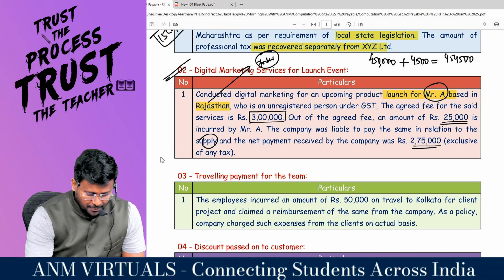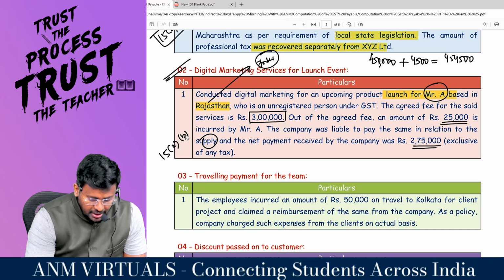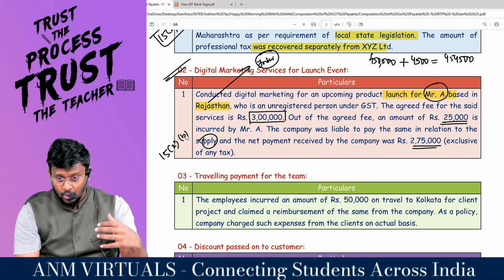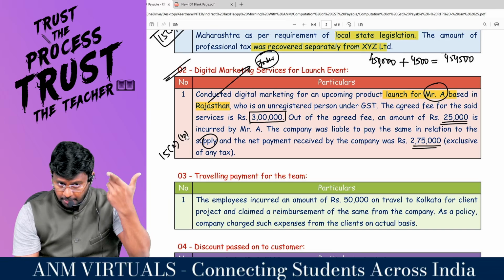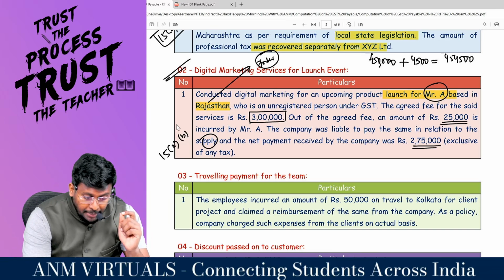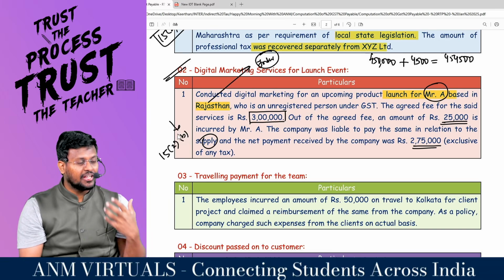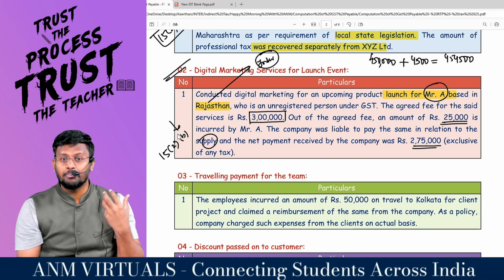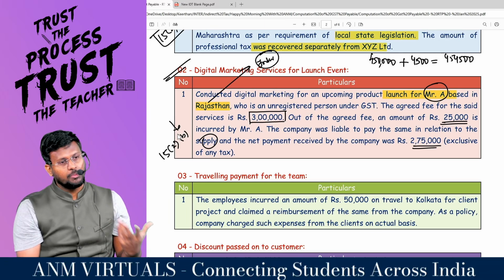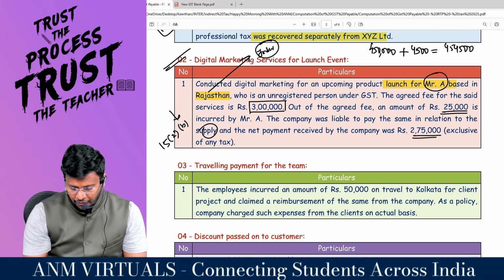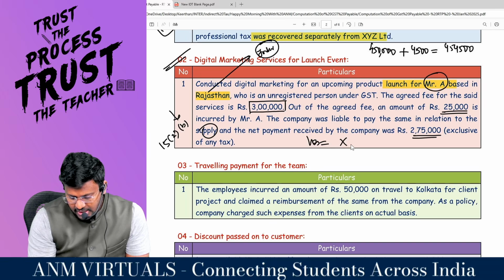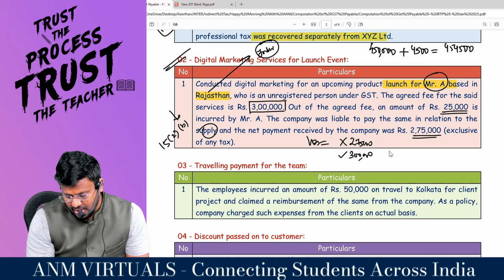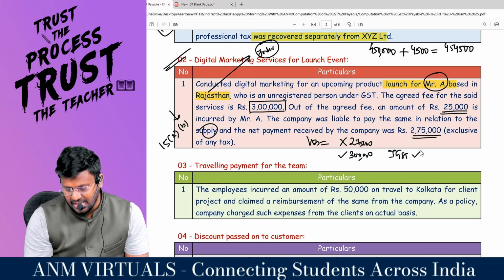As per section 15, subsection 2, clause B, any amount incurred by the recipient on behalf of the supplier should be included in the value of supply. That's why clause B. B stands for behalf. So the value of supply is not 2,75,000. Value of supply is 3 lakh. On this, IGST has to be collected.